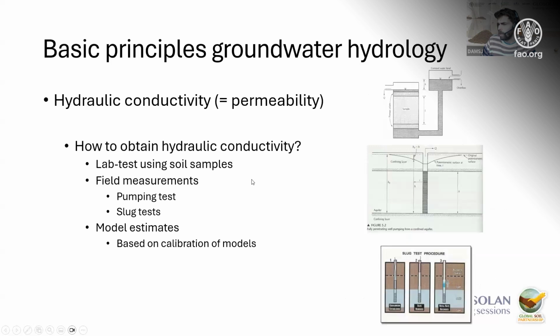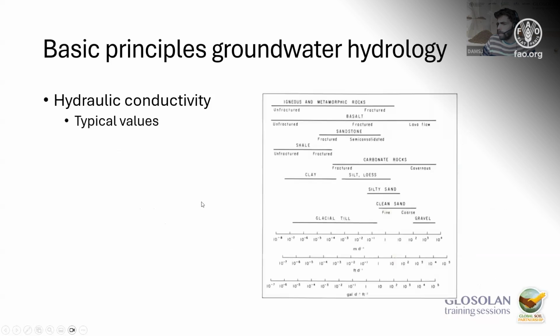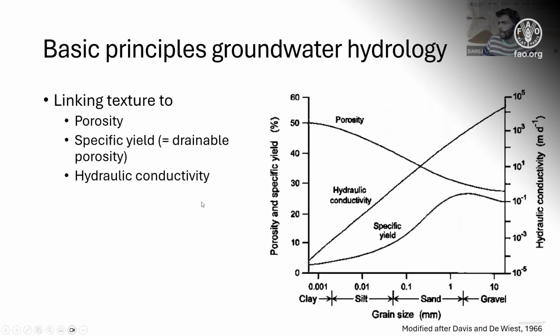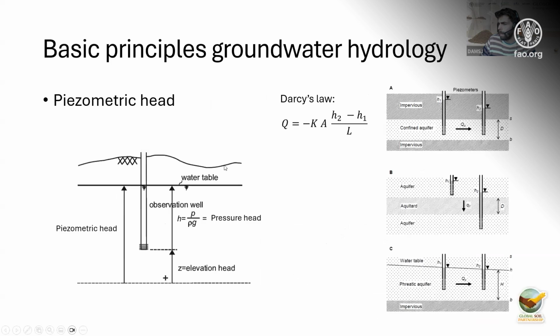There are different methods where you can measure or determine the hydraulic conductivity of your aquifers. I'll skip it. Typical values, and then the link between the texture of your subsurface and the porosity, the hydraulic conductivity, and the specific yield.